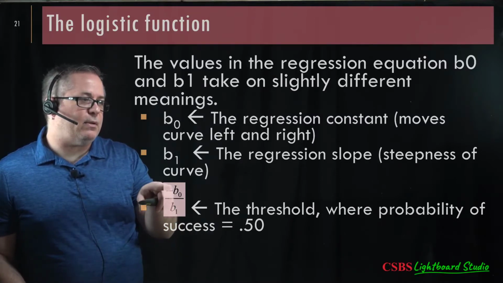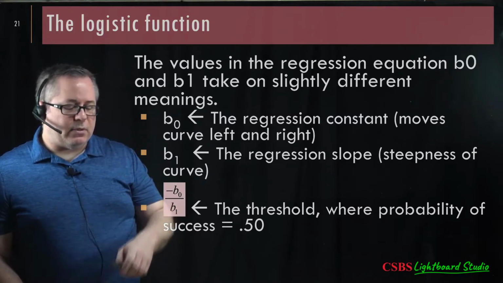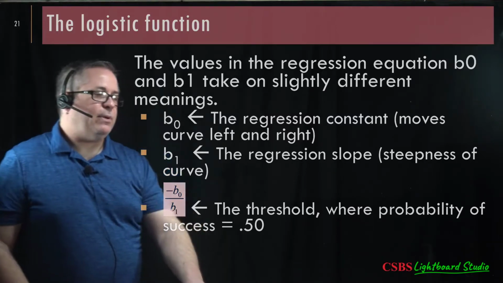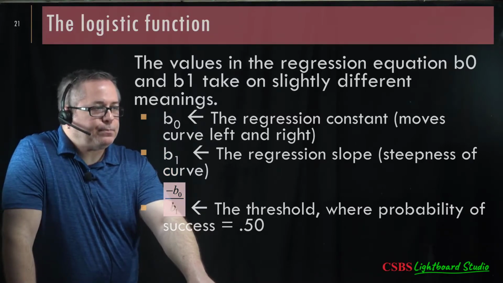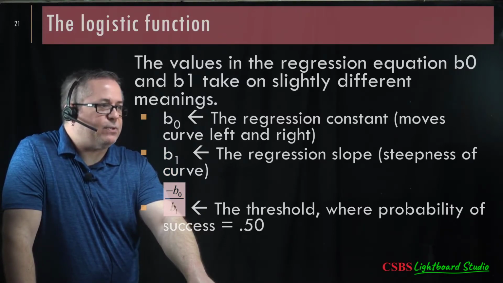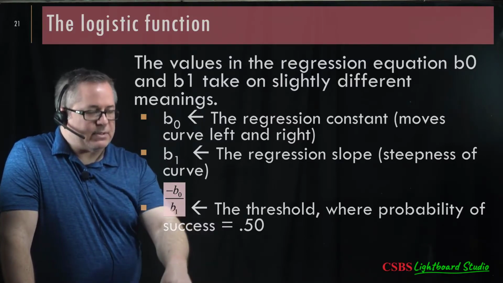So that's what negative B0 over B1 is. If you're interested in measurement theory and testing and stuff like that, the B0 and B1 have different interpretations, which I actually like because they help things make some sense.